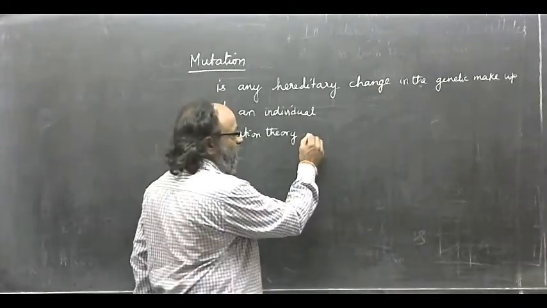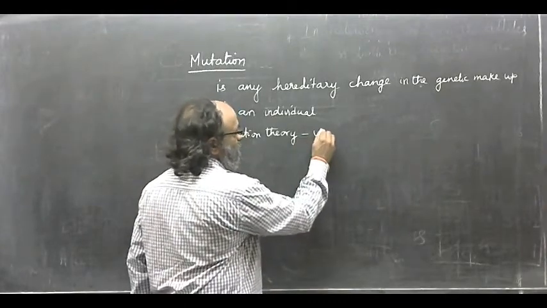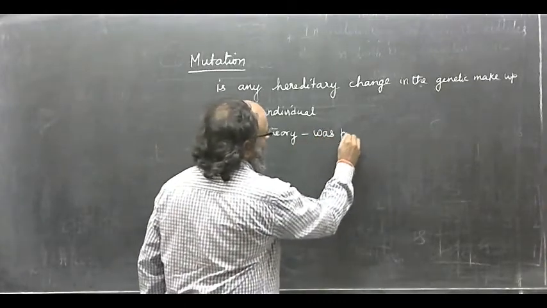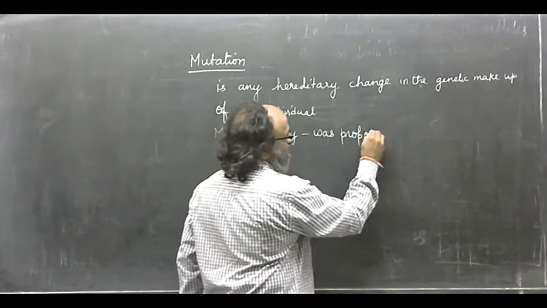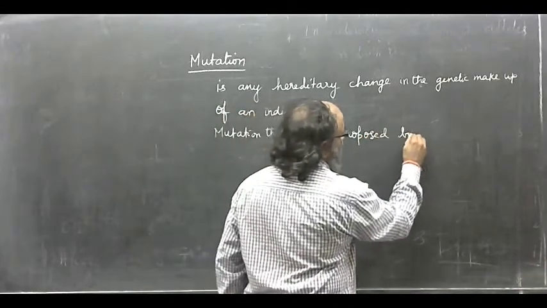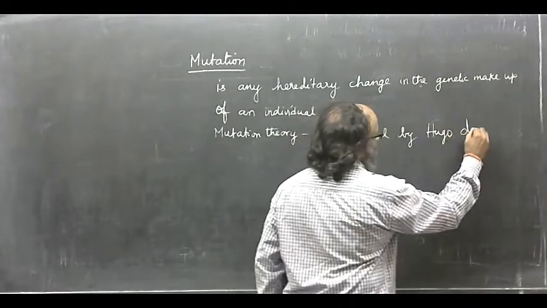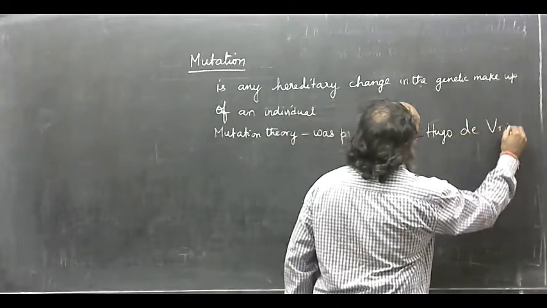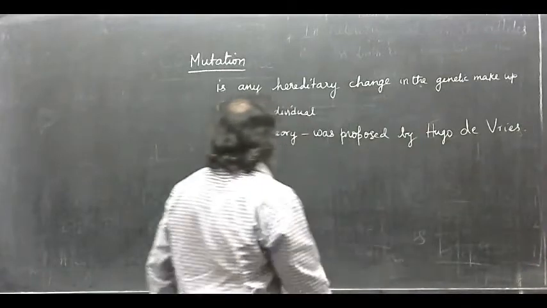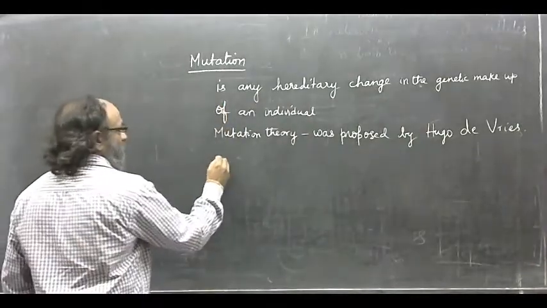So, mutation theory was proposed by Hugo de Vries.